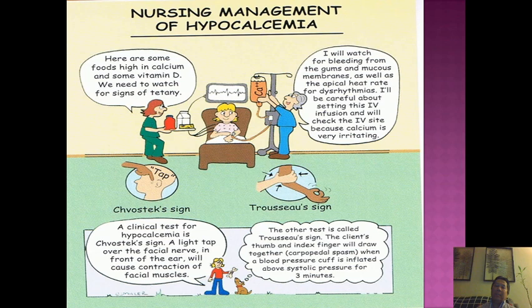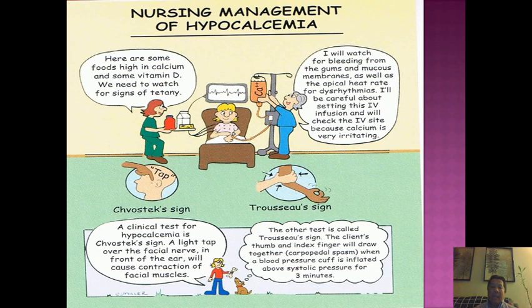And so if you have hypocalcemia, then it means that you have less than normal clotting factors, and you will be susceptible to bleeding, like bleeding in the gums, bleeding from the nose, and all orifices.